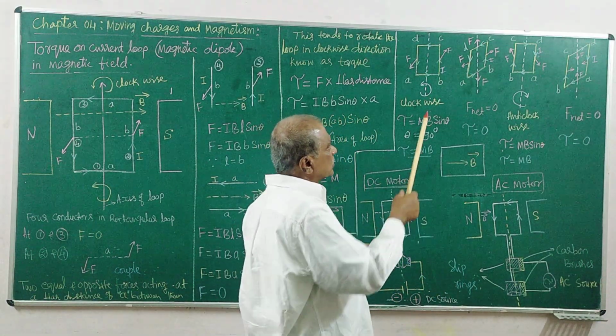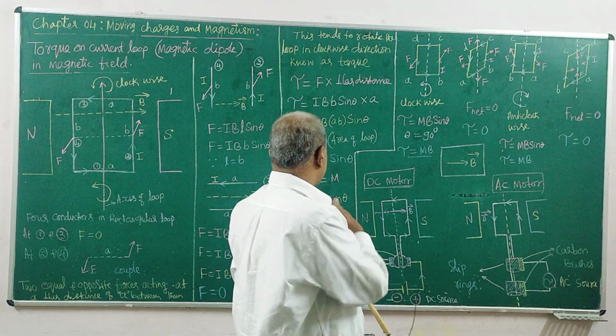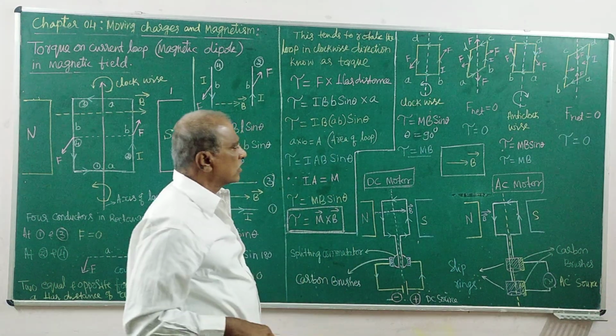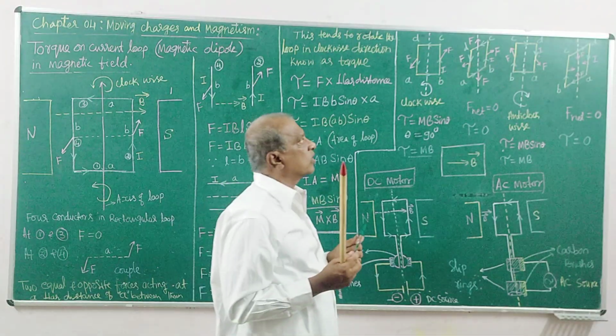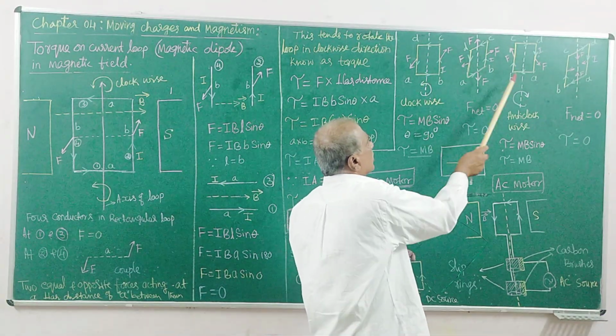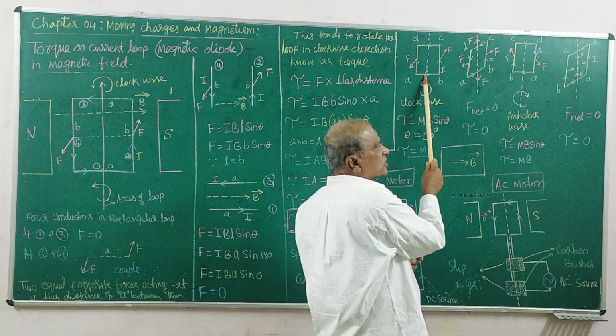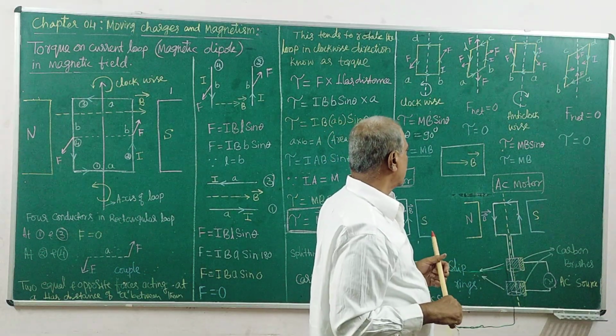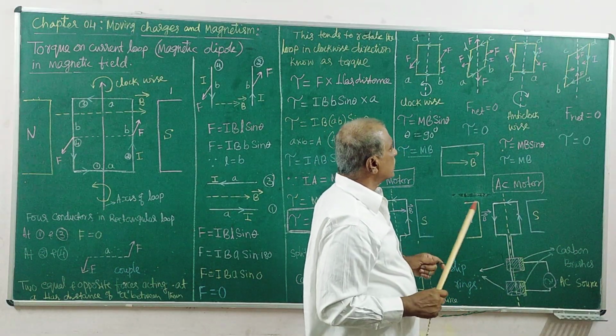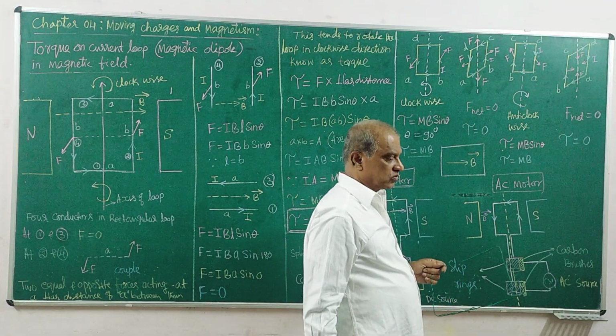Now this is what you understood. The loop can produce a torque only with the two alignments. This alignment gives clockwise direction, this alignment gives anti-clockwise direction of the current. So that is what you understood using force.